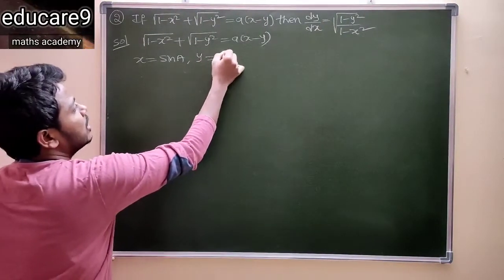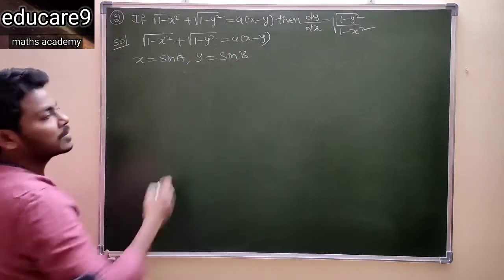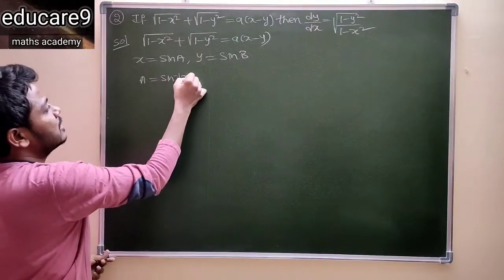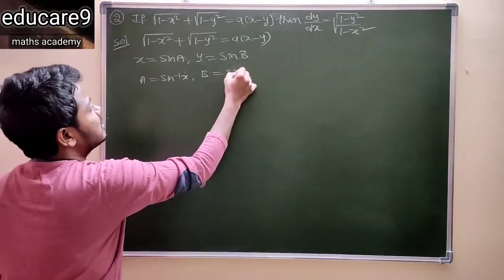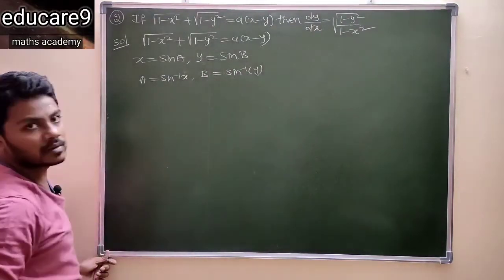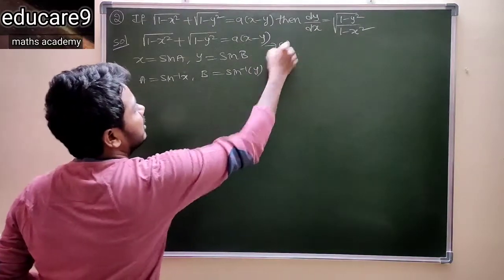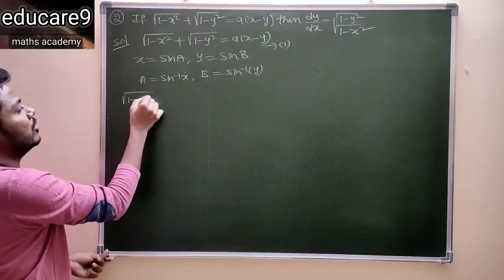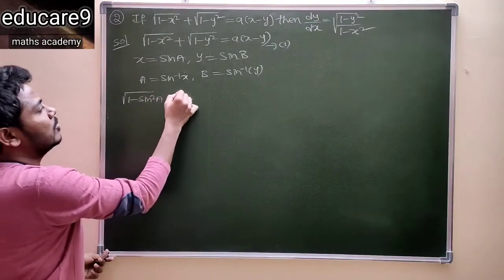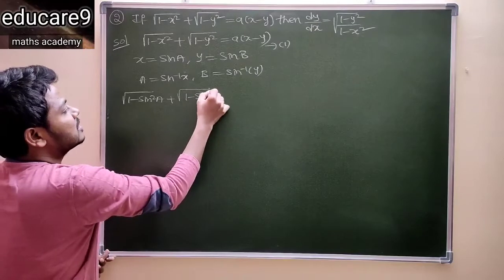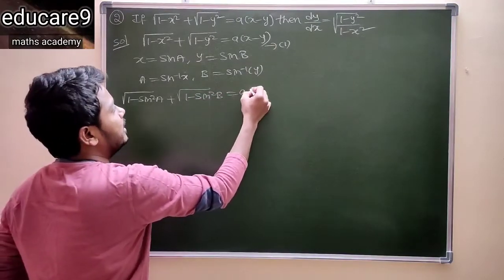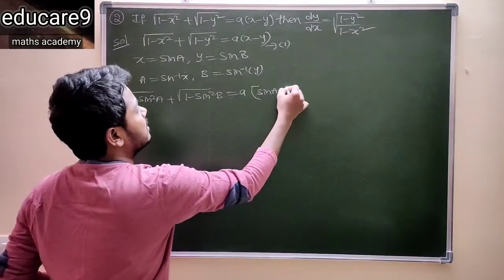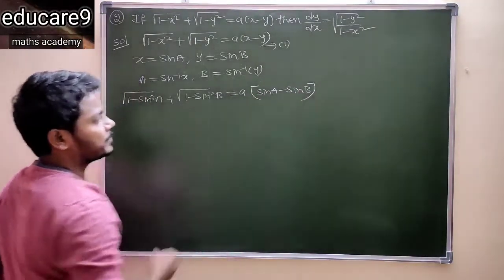Now y is equal to sin b. So clearly a is equal to sin inverse x and b is equal to sin inverse y. So substituting equation 1, square root of 1 minus x square, square root of 1 minus sin square a plus square root of 1 minus sin square b is equal to a into (x minus y), that is sin a minus sin b.